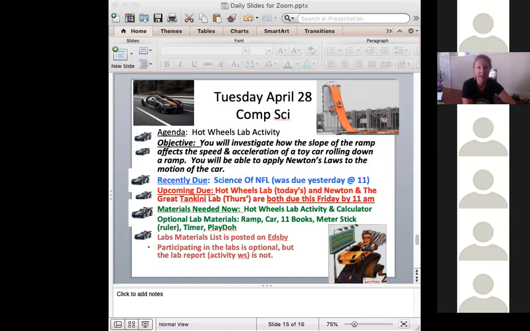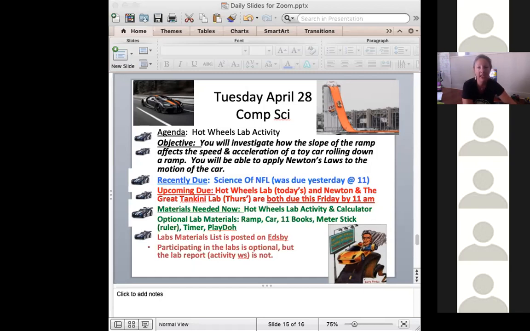Participating in the labs, doing them alongside me, and recreating the labs with me, I think is going to be a lot of fun, and I hope you do it with me, but it is optional. What is not optional is the worksheet, or what I'm calling the lab activity. That is basically your lab report. I didn't call it a lab report, but that's essentially what it is.